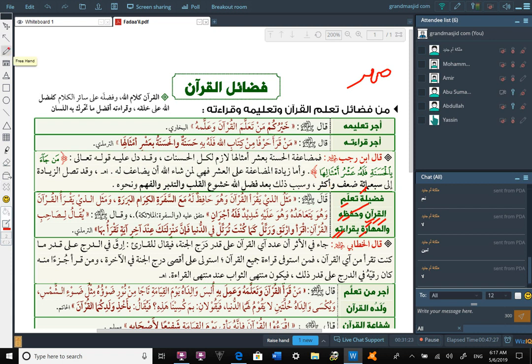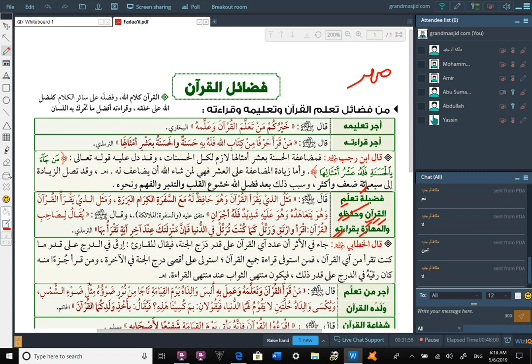Bil maharati, the expertise, bi qira'atihi, of its recitation. So fadilatu ta'allumi, the virtue of learning al-Qur'an, wa hifdhihi, and its memorization, wal maharati bi qira'atihi, and the virtue of being an expert, of having expertise in its recitation.